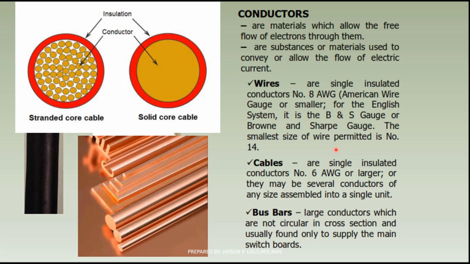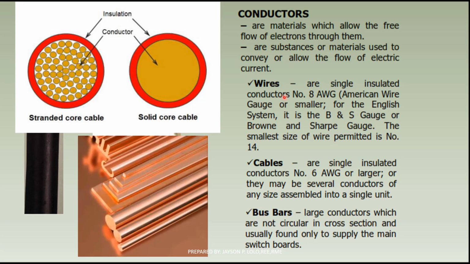For the next slide, we will discuss the conversion of the American wire gauge to square millimeters. Wires are single insulated conductors, number 8 AWG or smaller, while we identify the conductor as cable if it is single insulated conductors number 6 AWG or larger.